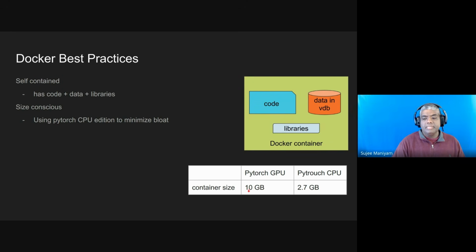You can see it's a 10 gig container size. Then I said no, don't install GPU libraries, because I'm not going to be running on GPUs anyway. I'm just running on plain old CPUs. So there's no need for me to bundle all the libraries that I never use. So we create a CPU version, and you can see it's a much smaller size. We implemented all these best practices here, so when you Dockerize it, you get the minimal possible size.